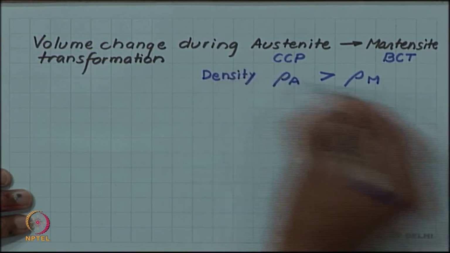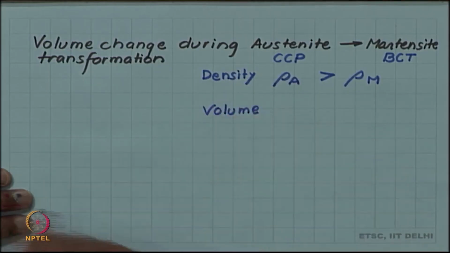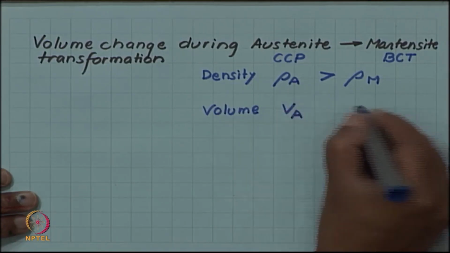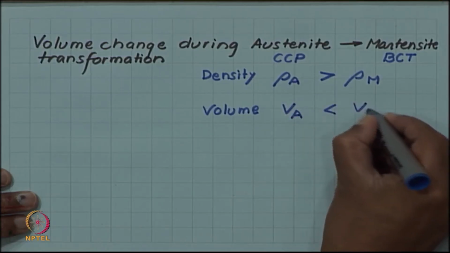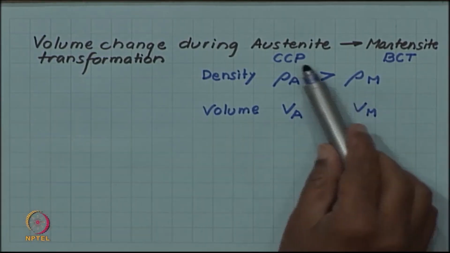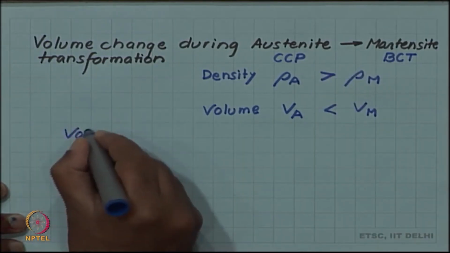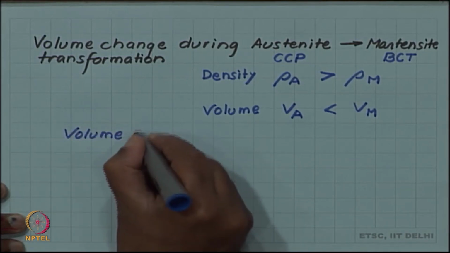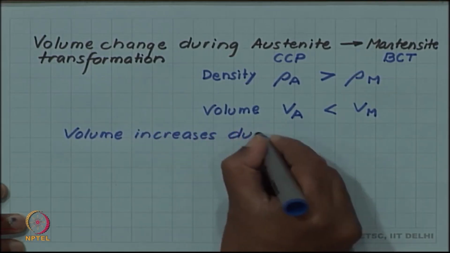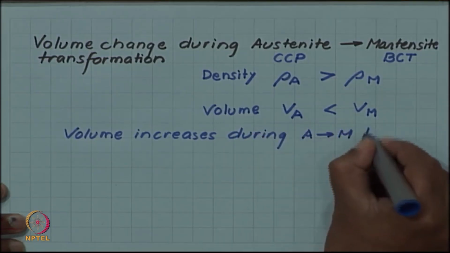Or in terms of volume, volume of austenite will be less than the volume of martensite. So, which means an expansion takes place when austenite will change to martensite, volume will increase during austenite to martensite transformation.